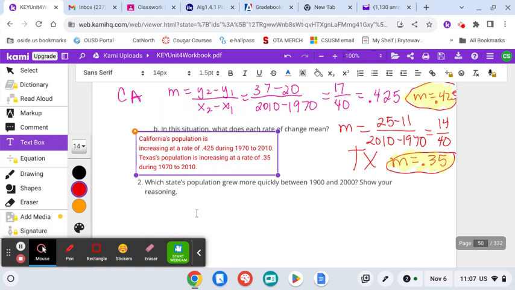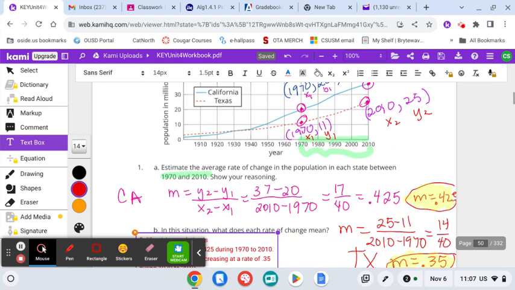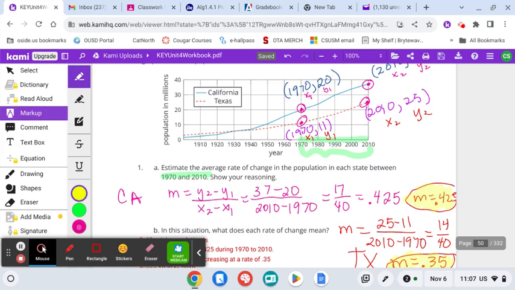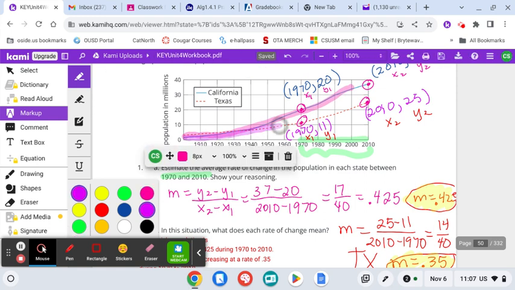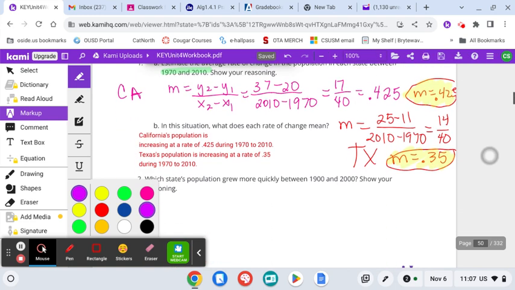Which state's population grew more quickly between 1900 and 2000? So now we're going on a different interval here. I'm going to use pink. So from 1900, way back at the beginning, to 2000, look at that huge change. And then from 1900 to 2000, which one went up the most? For sure, California.